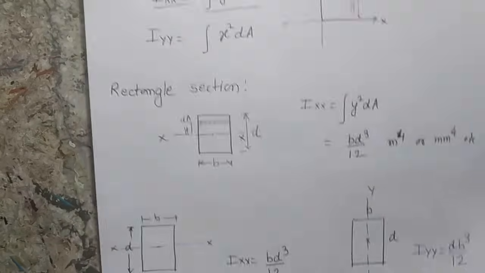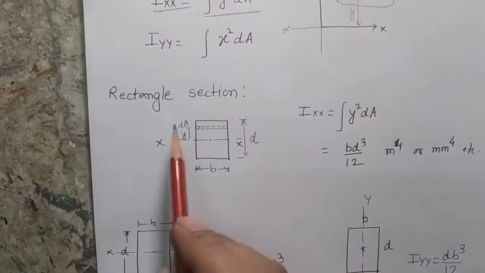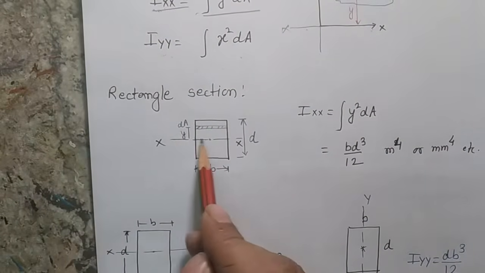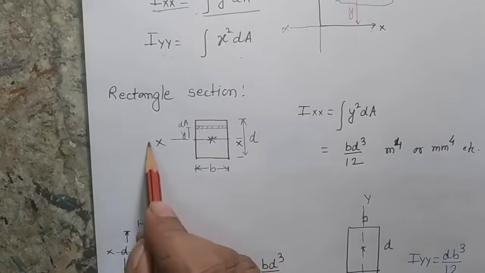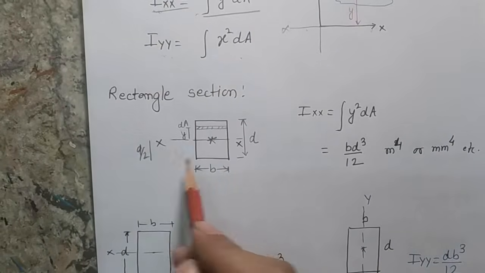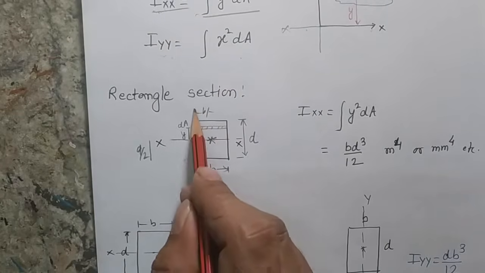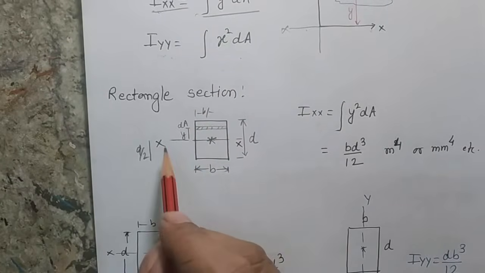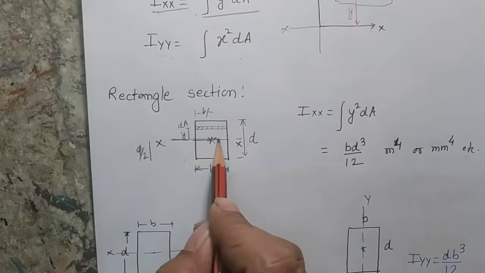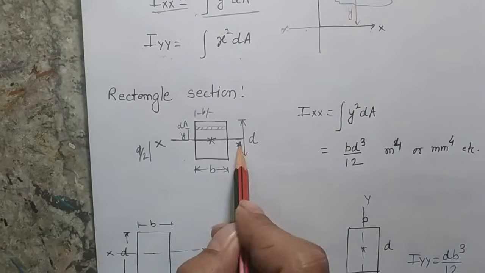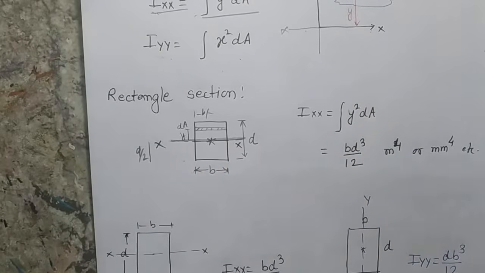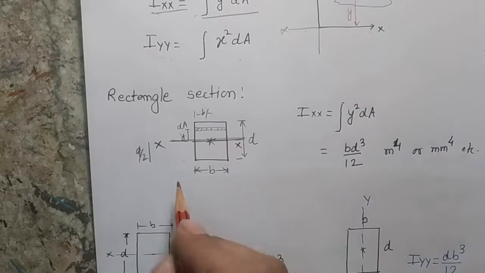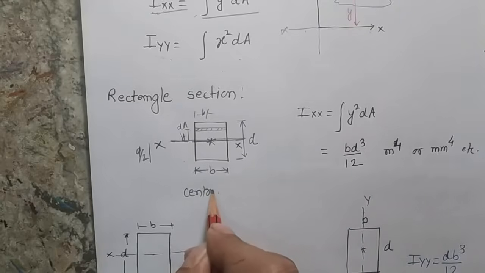Here I am showing you that one of the standard shapes is a rectangular body. For a rectangular body, the centroid is at a distance d by 2 from the base and b by 2 from this side. If I am interested to find the second moment of area about an axis x-x which is passing through the centroid, an axis passing through the centroid is known as the centroidal axis.